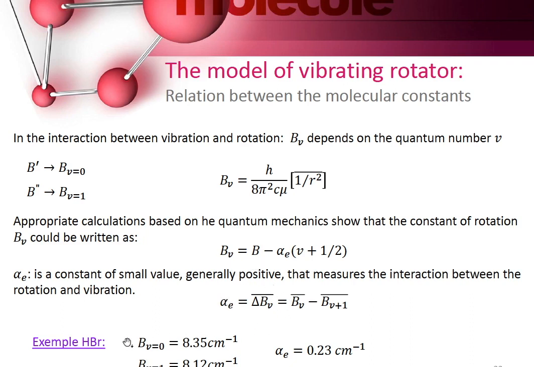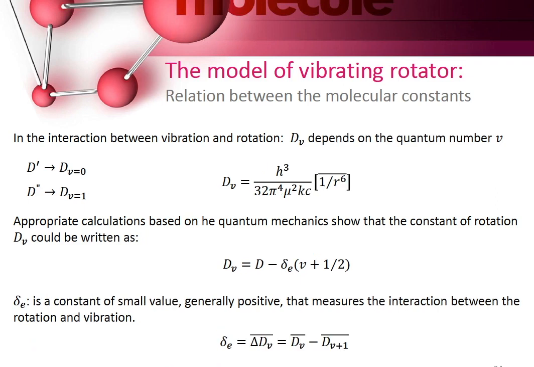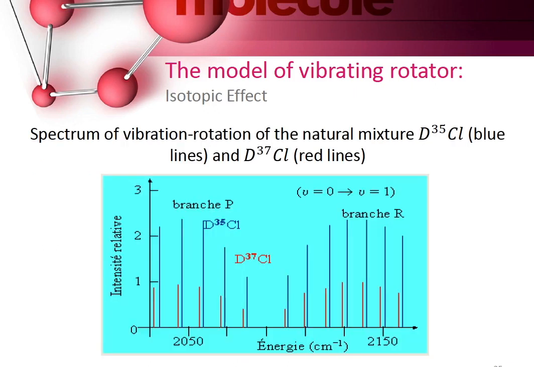So if you have B prime for V equals 0 and B second for V equal 1, and we have calculated them, you take the difference between them in absolute value, and you get the constant that measures the interaction between the two modes, rotational energy and vibrational motion. Same thing for the D's, but here we don't really have an expression, so that's more general information.